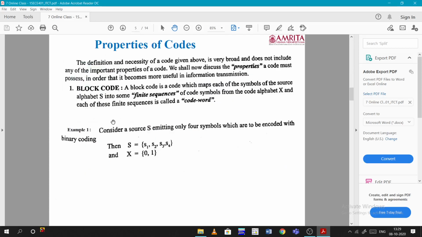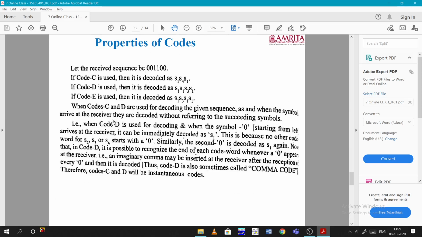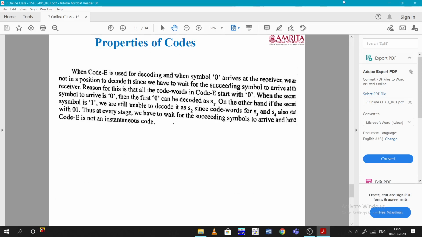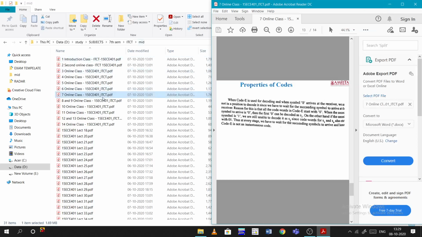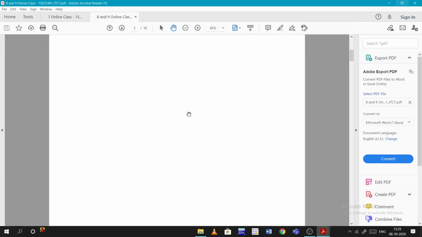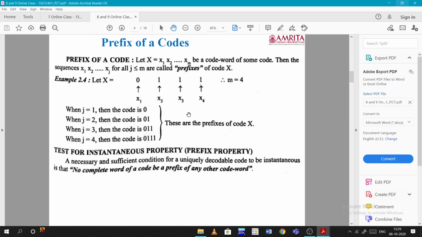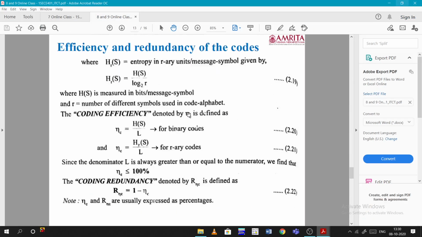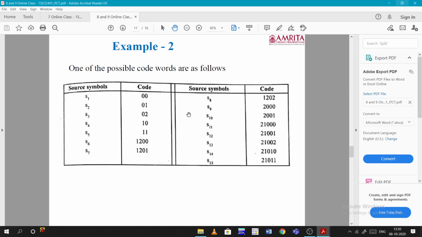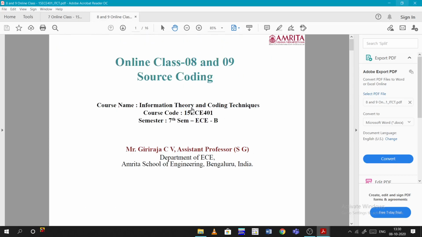What are the things present in source coding and properties of codes? Okay, I will teach the entire source coding in the next lecture.